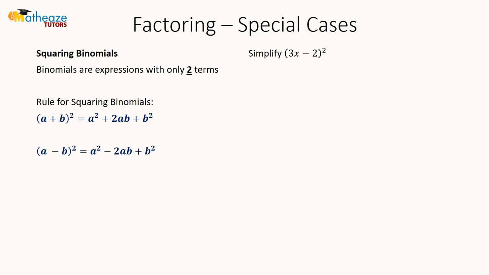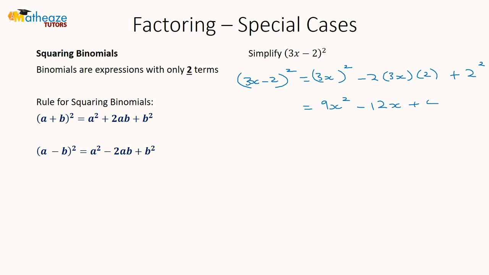Now (3x minus 2) squared is going to be (3x) all squared minus 2 times 3x times 2 plus 2 squared. So this is giving us 9x squared, 2 times 3 times 2 is going to give us minus 12x plus 4.